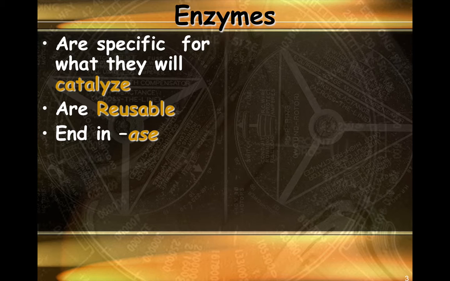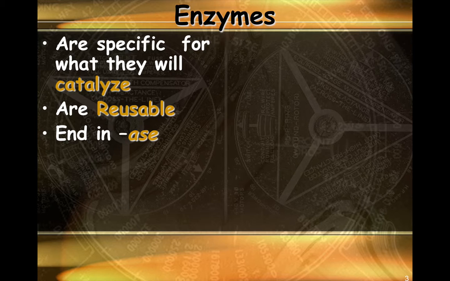Another important point in science: a lot of times the words end with the same suffix. Most enzymes end in -ase, like lactase, catalase. Those words give away the function of the subject.